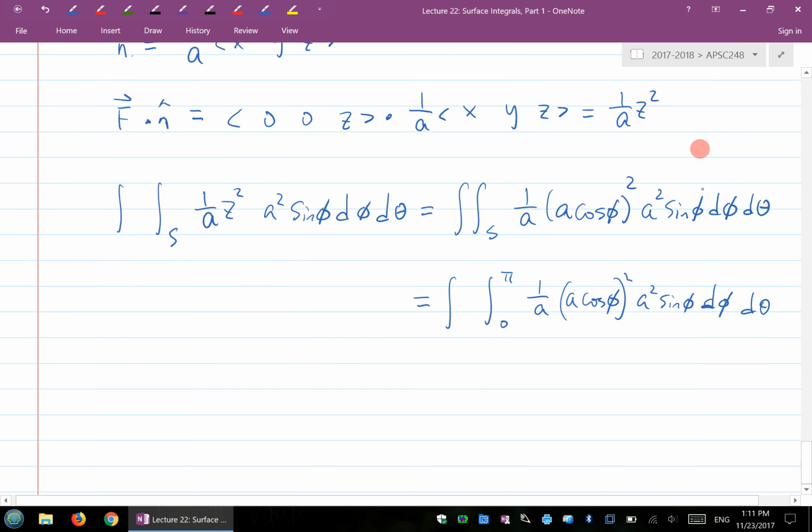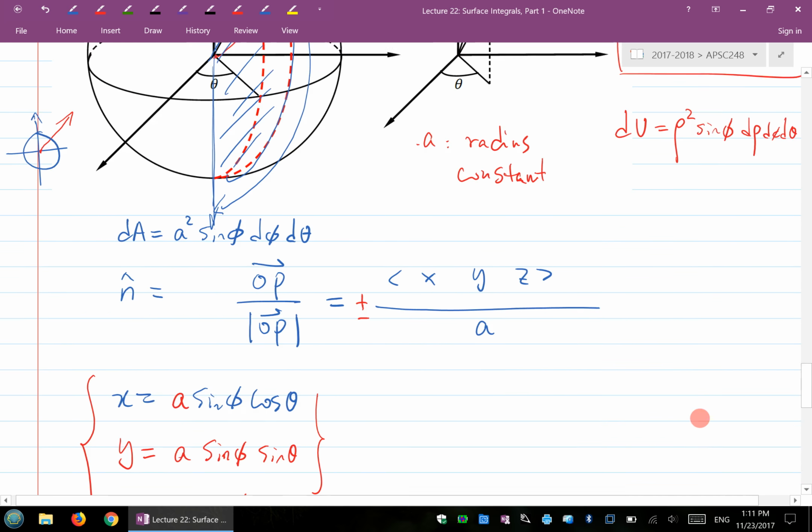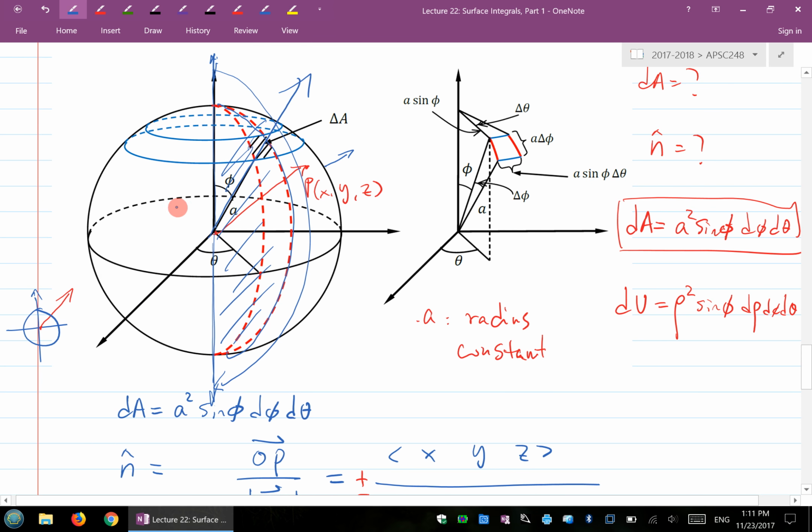And then the theta limits. For the theta limits, you look at the shadow of this surface, which is the circle. So for theta you sweep this reading line across the whole shadow. Or in other words, you sweep this whole half circular cross-section across the whole spherical surface, which is 0 to 2 pi, in order to recreate this spherical surface.